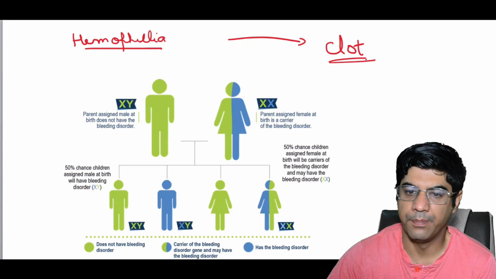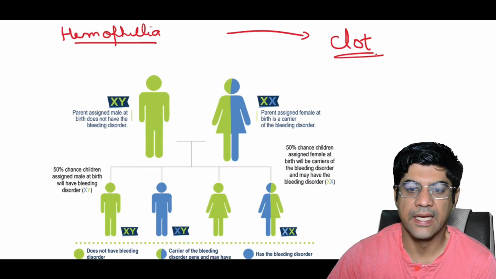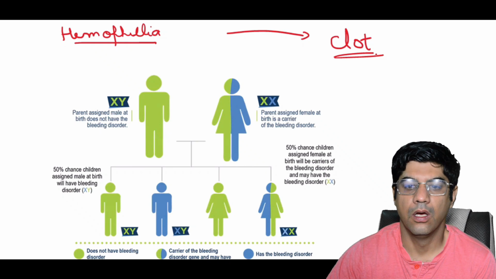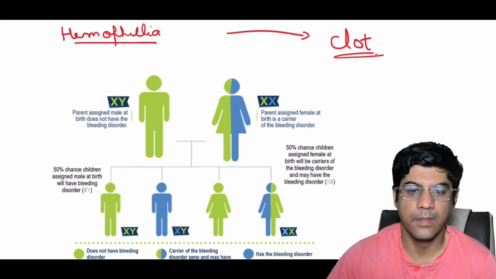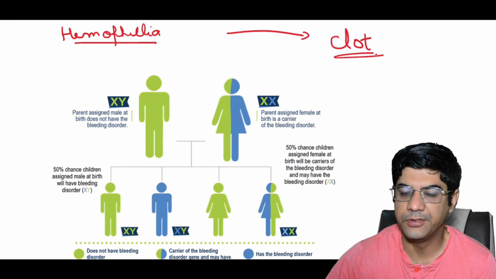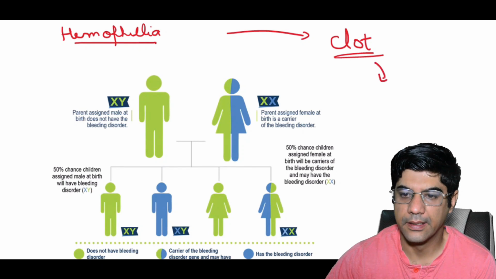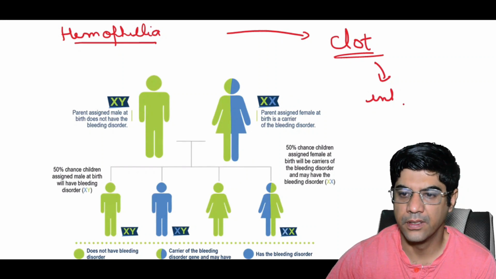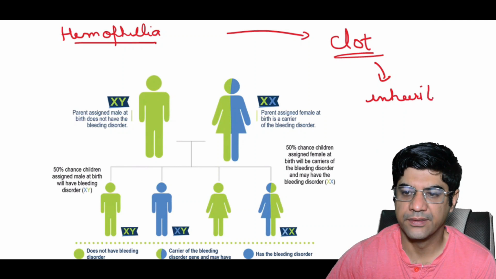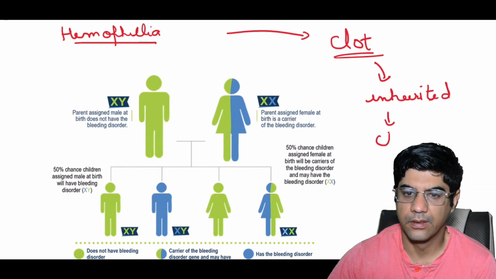So this means that people with hemophilia can bleed for a longer time than others after an injury, and it is usually inherited. It is caused due to the deficiency in one of the clotting factors.